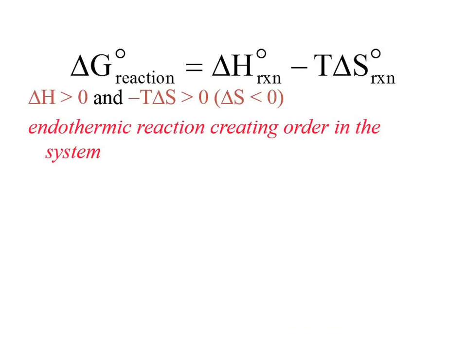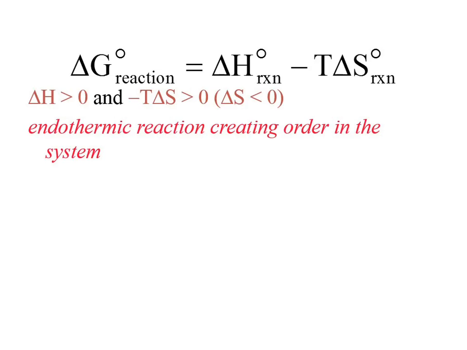So the last scenario is this. This is the fourth of 4. So notice that the cards are kind of stacked against us, because here we have both an endothermic reaction, a positive delta H, and our delta S term is negative, which means it's becoming more ordered.